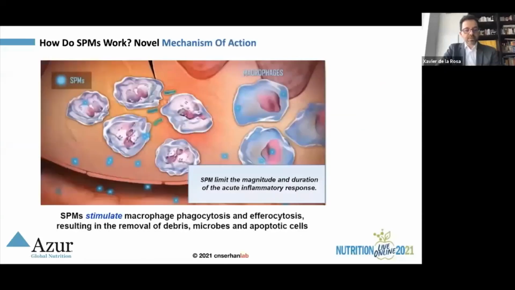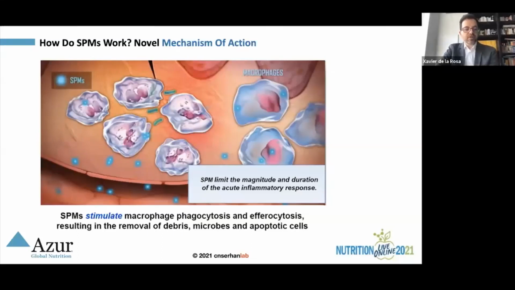So how do SPMs work? What is the mechanism of action? This illustration shows a post-capillary venule and illustrates how SPMs limit the magnitude and duration of the acute inflammatory response by limiting the further recruitment of neutrophils, but stimulating the non-phlogistic recruitment of monocytes.